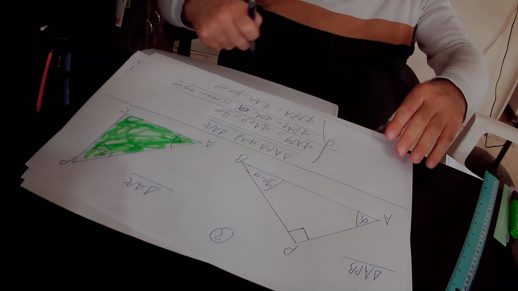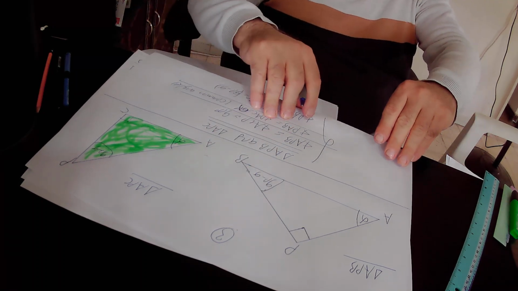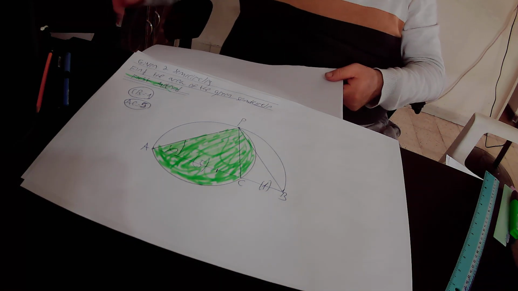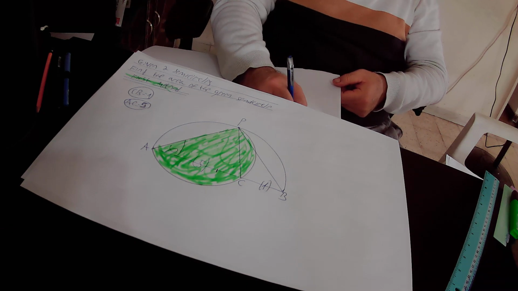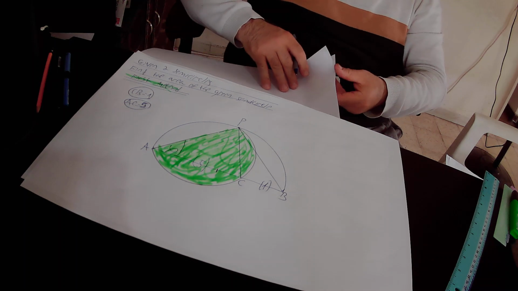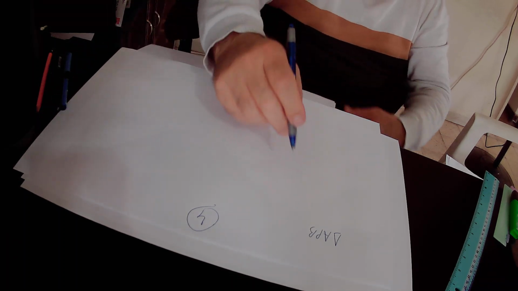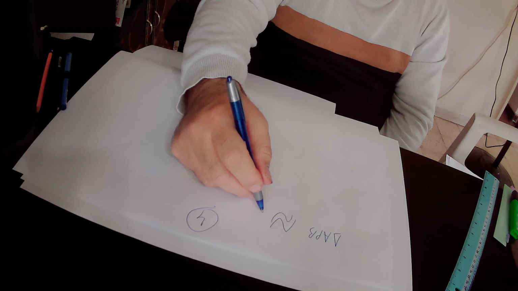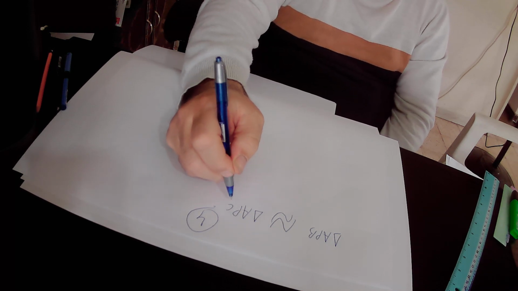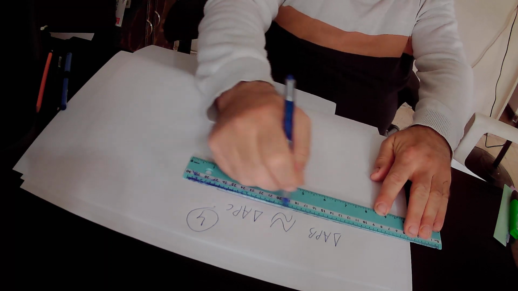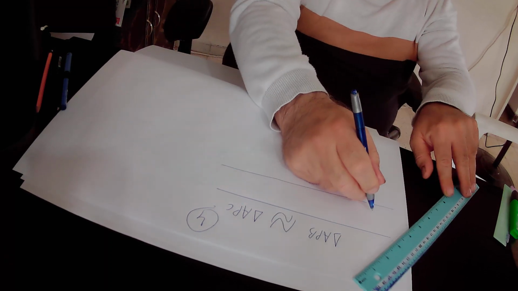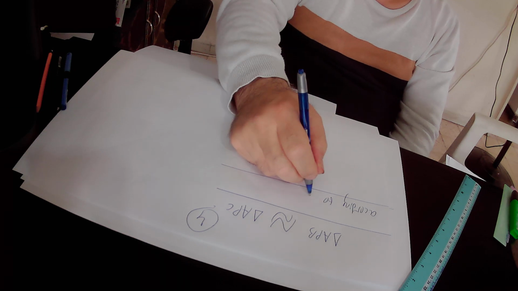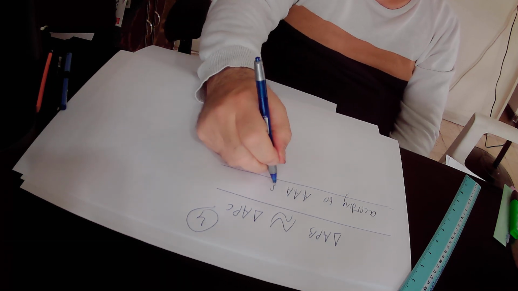So I write it down. The right triangle APB is similar, this is the sign of similar, to the right green triangle APC, according to the angle similarity rule.